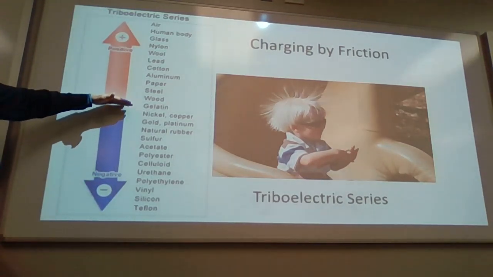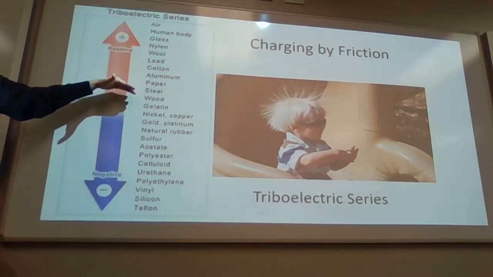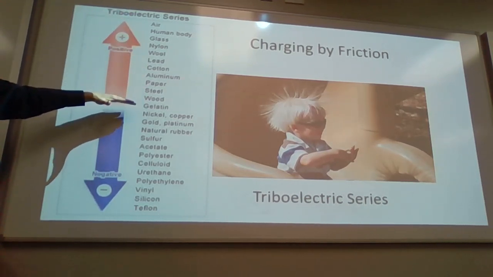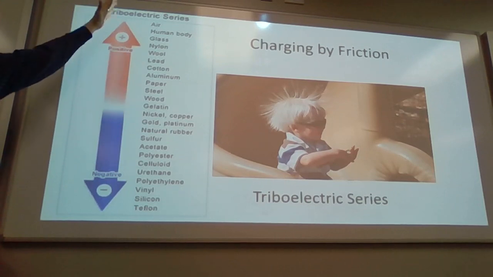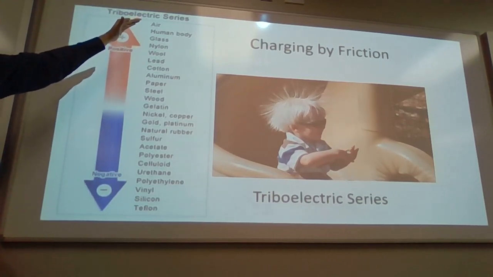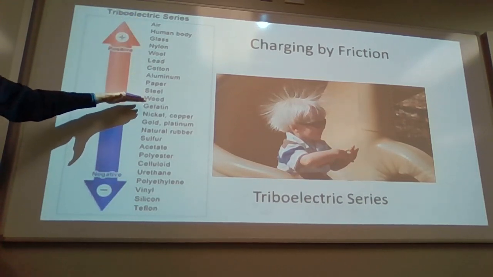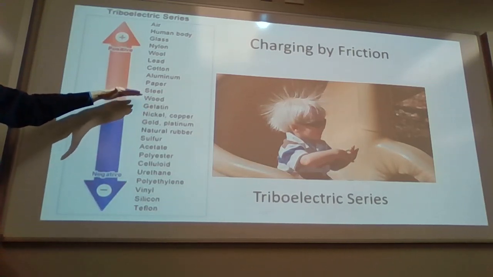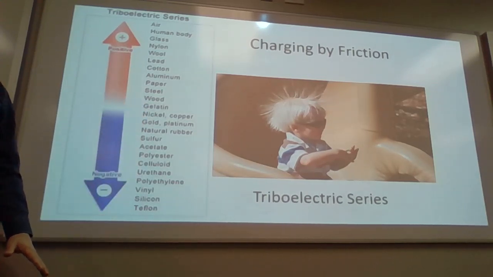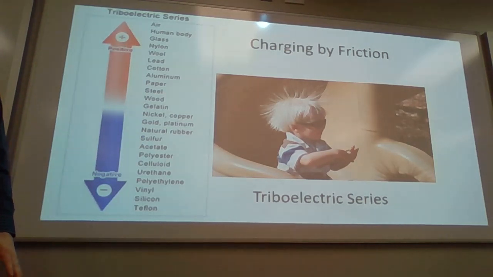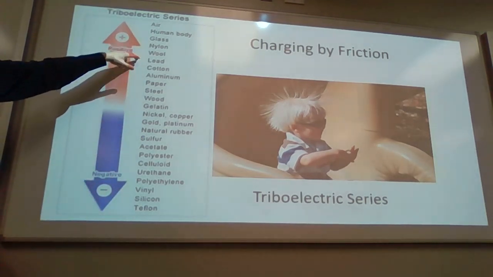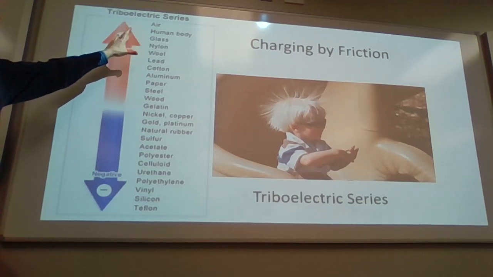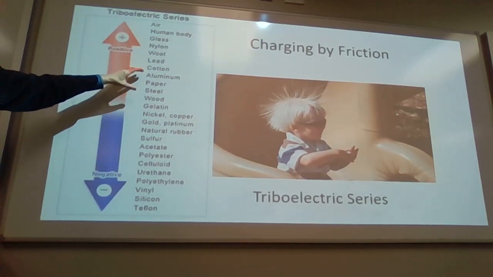Okay, so these materials here are okay with letting go. Tends to, not always, tends to be more organic materials. Those materials that would rather have electrons have a tendency to be more man-made. It's not an always thing. Up here you get your wool and your fur, human body or hair, cotton.